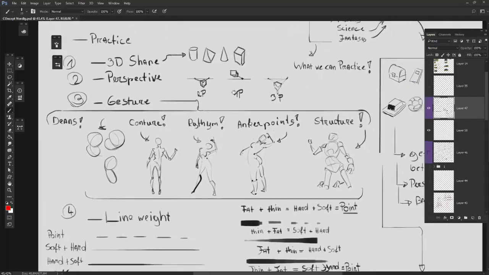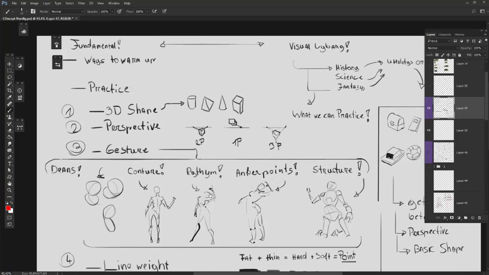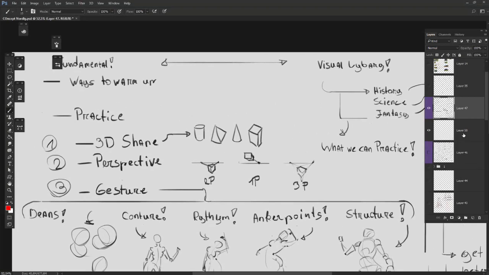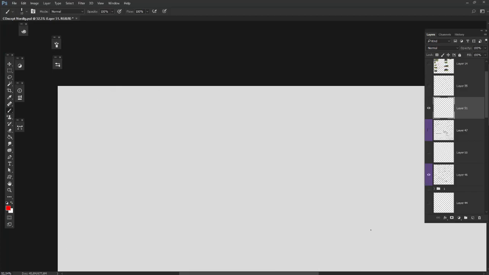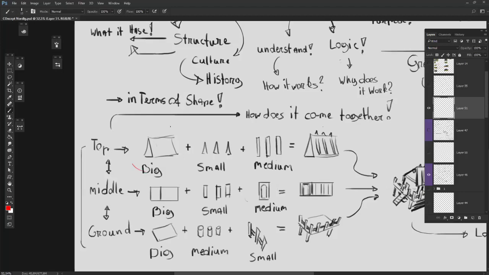But let's go now back, far more back, because this comes later. I'm going to explain to you guys how to warm yourself up. I think warming yourself up is the most important part, and that has something to do with this kind of thing, where you actually add shapes and all that other stuff.